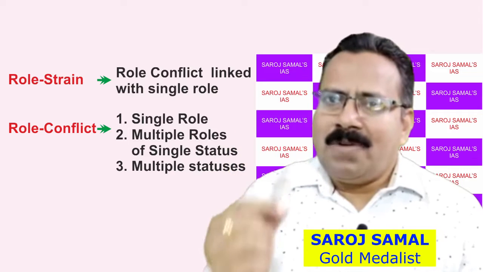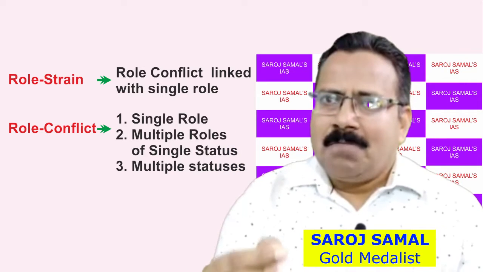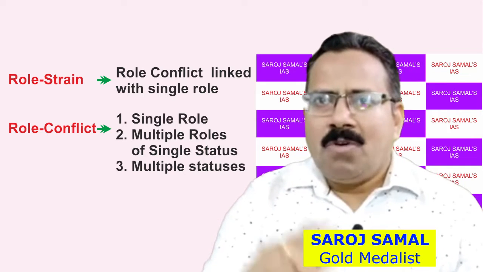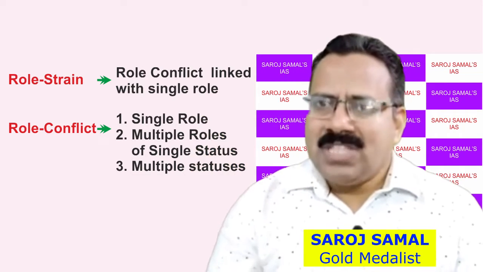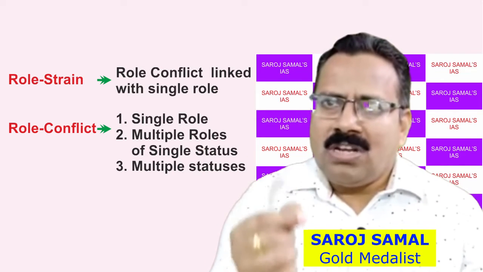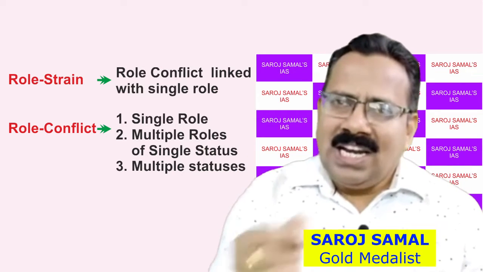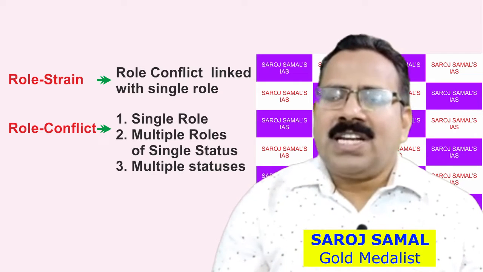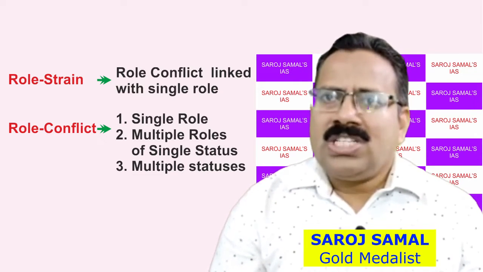Role conflict may take place because of more than one role linked with more than one status. I am citing examples of all these. When role conflict takes place related to a single role, there the role conflict is called role strain.